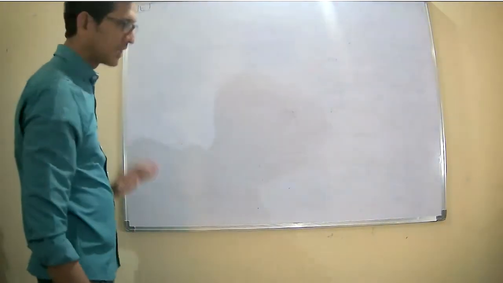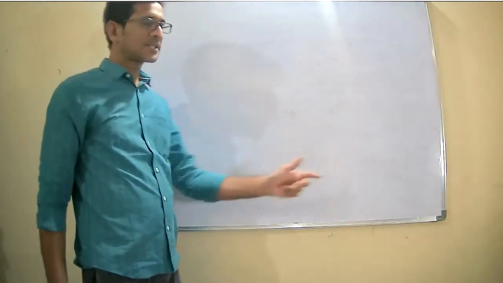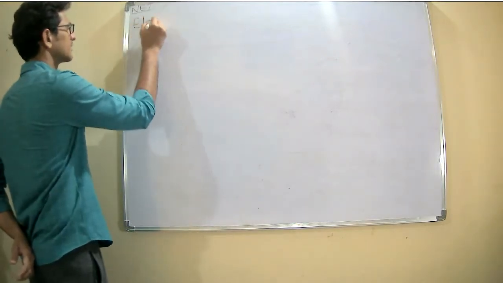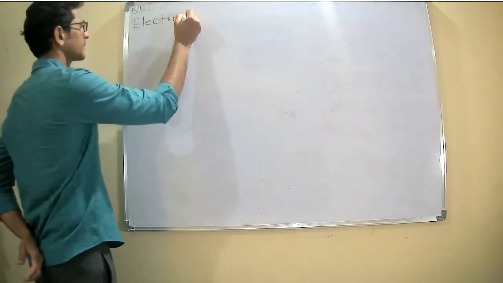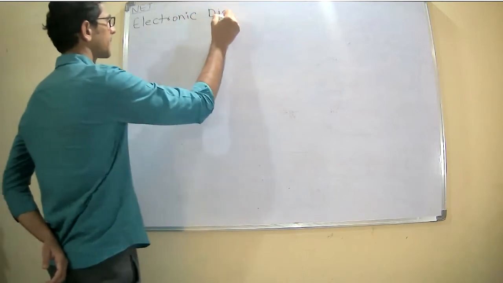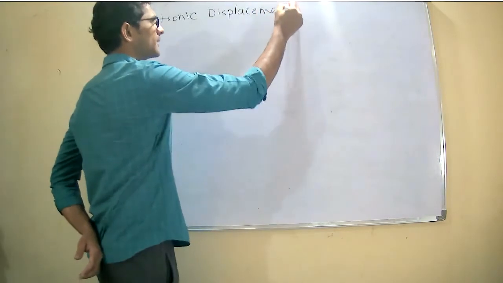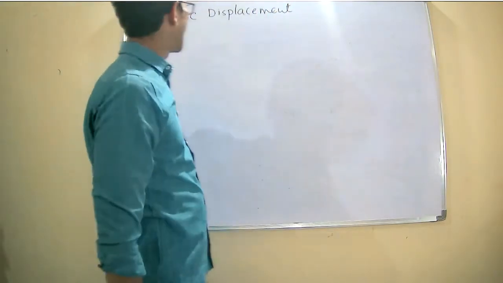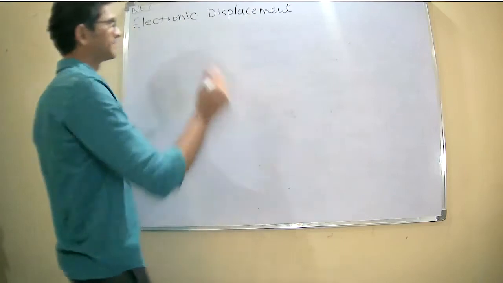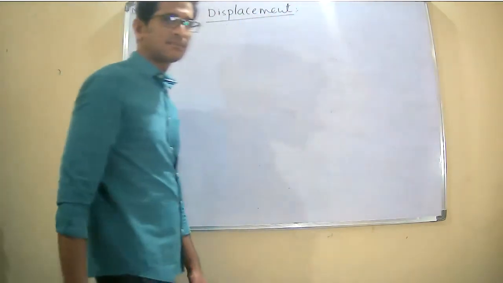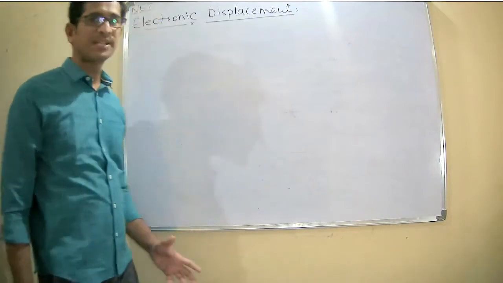We discussed four parameters, and we'll move one by one. The first parameter under the reaction mechanism is electronic displacement.